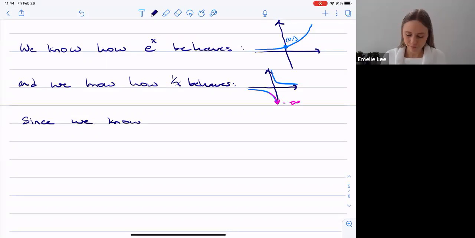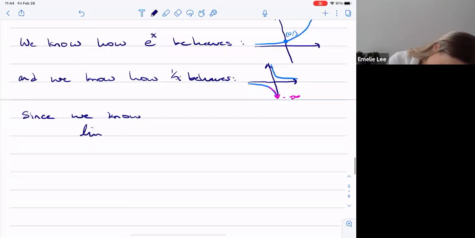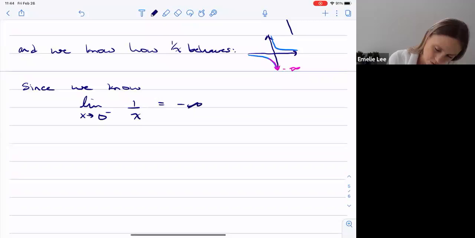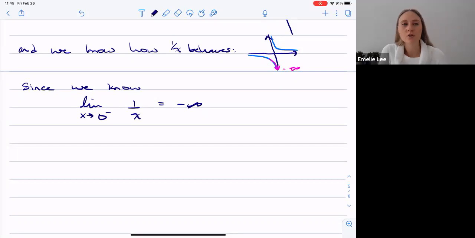So since we know that the limit as x goes to 0 from the left of 1 over x equals negative infinity, we make the substitution that I'm going to just replace 1 over x with t, let's say. Usually we'll start our substitutions with t. You could call it y, or you could call it whatever you want. But often if we need a secondary variable, we'll use t.